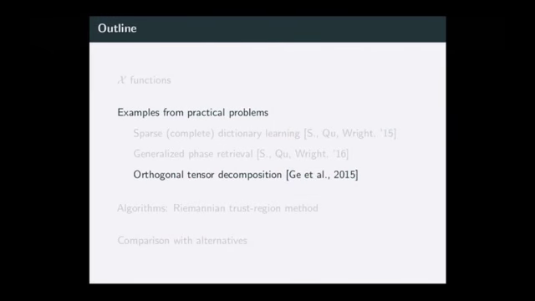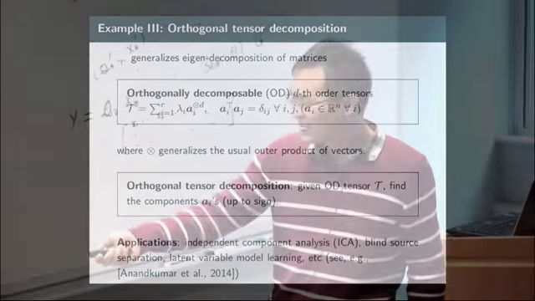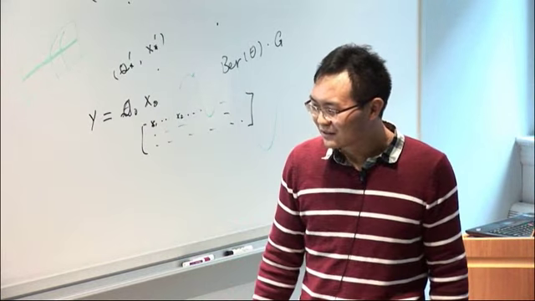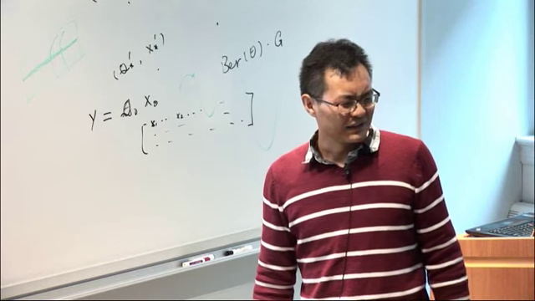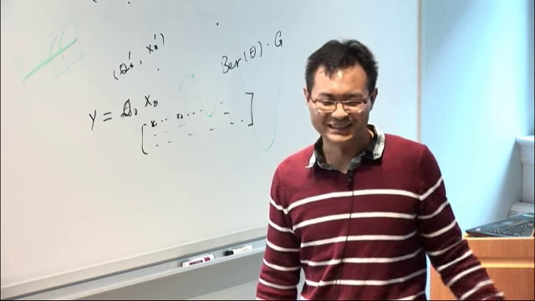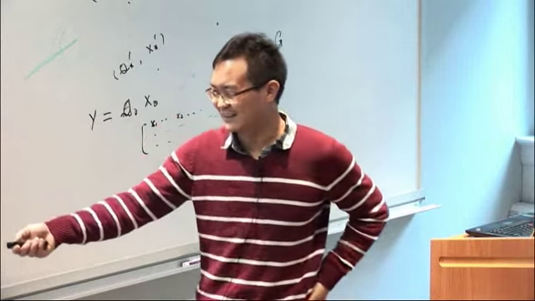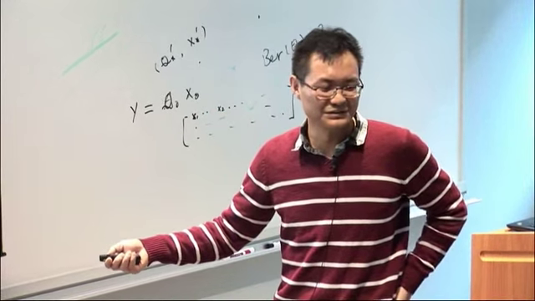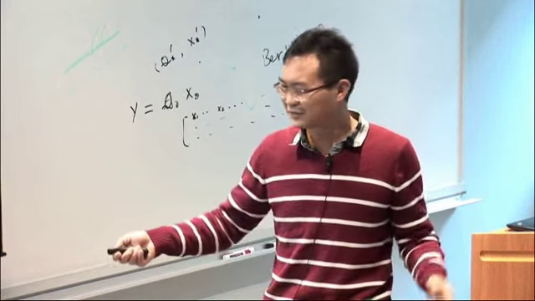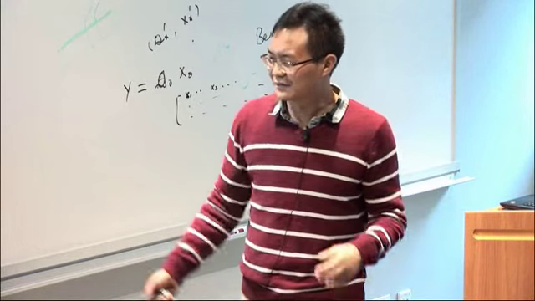So I have to skip the third one, I think, but it's actually the one from machine learning applications. The work by Sham Kakade, I think he also worked at Microsoft at least two years ago. He moved to the University of Washington, I think. But anyway, they work on tensor methods for learning mixtures of Gaussians, for doing independent component analysis, all kinds of stuff.